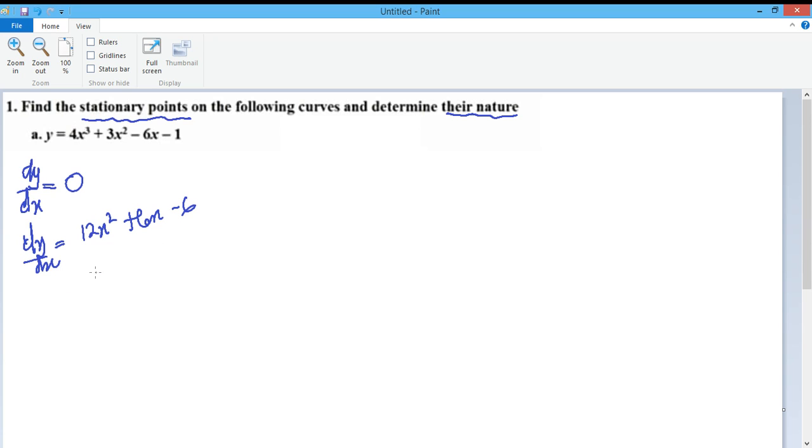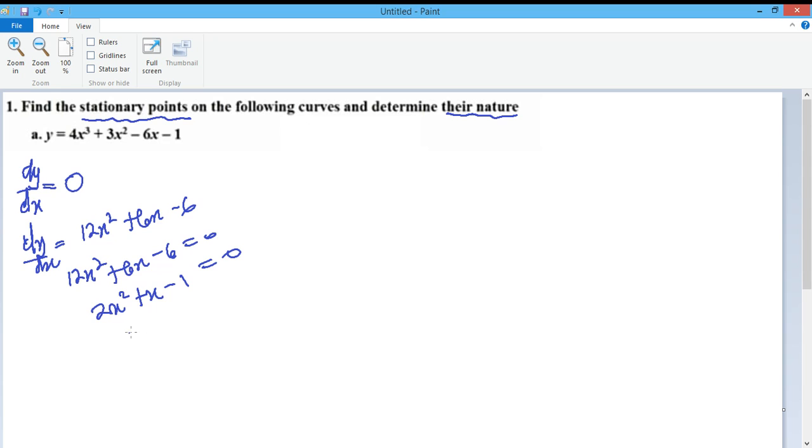Since at the stationary point the gradient function dy/dx is equal to 0, 12x squared plus 6x minus 6 equals 0. We can simplify this expression before factorizing. 6 can cancel 2, so we have 2x squared plus x minus 1 is equal to 0.